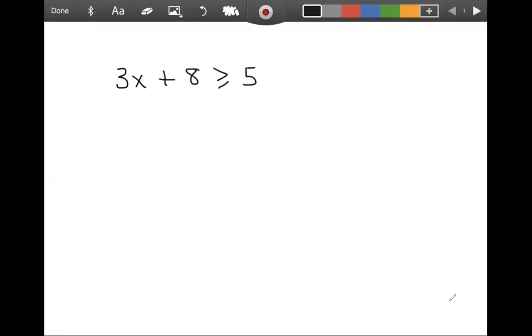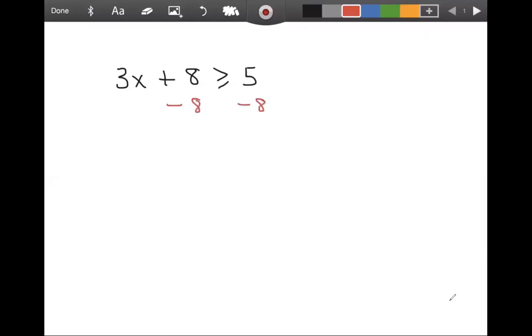All right, so quickly going through the steps, we don't have any fractions, we don't have any grouping symbols, we don't have any like terms on the left side or on the right side. So steps 1, 2, and 3, nothing to do there. In step 4, we get numbers on one side, variables on the other side. So the only thing to do there is to subtract 8 on both sides.